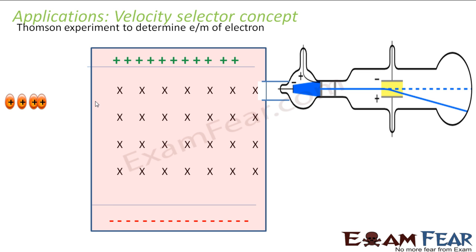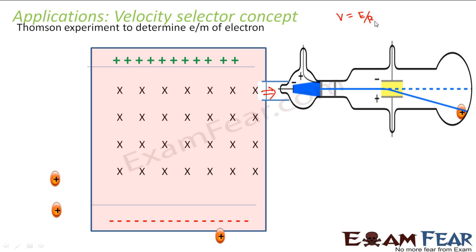Just before the entry of the particles into his apparatus, he prepared this velocity selector arrangement, that is crossed magnetic and electric field. The particles which got deflected were removed beforehand, and the particles which passed through went into the experiment apparatus. All other particles got rejected before itself. So the particles with some other velocity got rejected, and the particles with the velocity v, which is equal to E by B, passed.